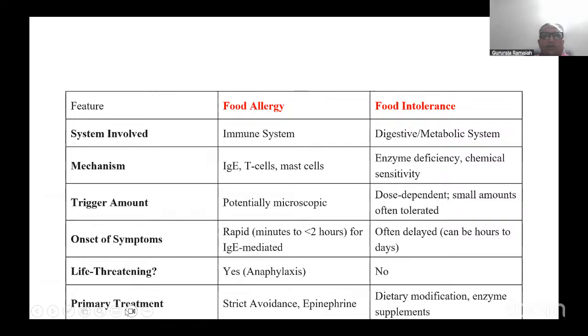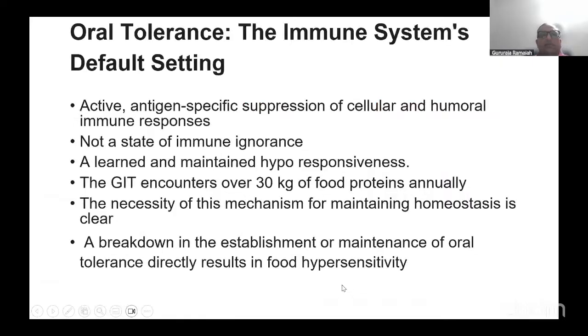Food allergy can be life-threatening in the form of anaphylaxis. It involves multiple systems. In food intolerance, nothing of that sort occurs. So the primary treatment in food allergy is strict avoidance and epinephrine and various other modalities, whereas in food intolerance, it is dietary modification and enzyme supplements.